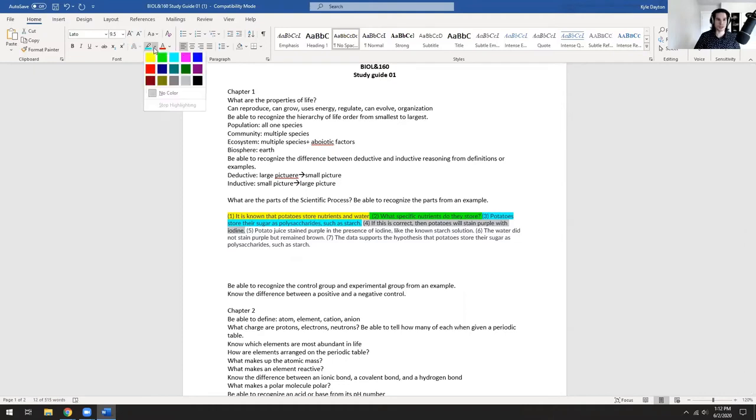That would be prediction, because you're predicting what's going to happen in an experiment. And then 5 and 6, those are both experimental results. Shoot, I ran out of colors here. Experimental results, and then number 7 would be your conclusion, because you accept or you reject your hypothesis.